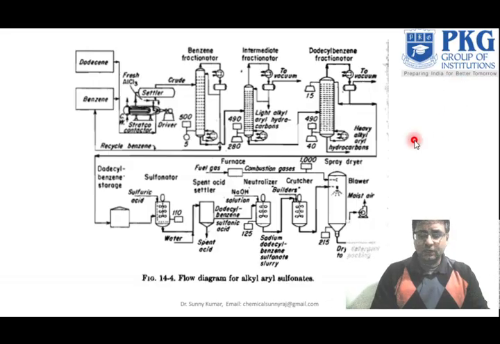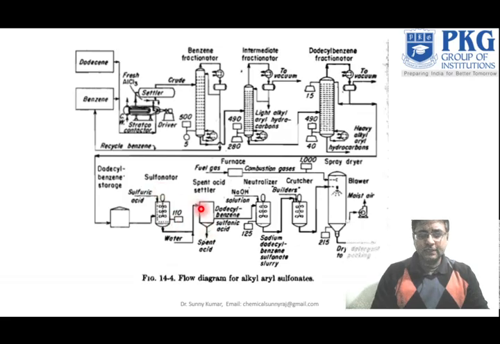After purifying, we send this to the storage tank where we get the dodecyl benzene storage, and we treat it again with sulfuric acid in the sulfonator container.